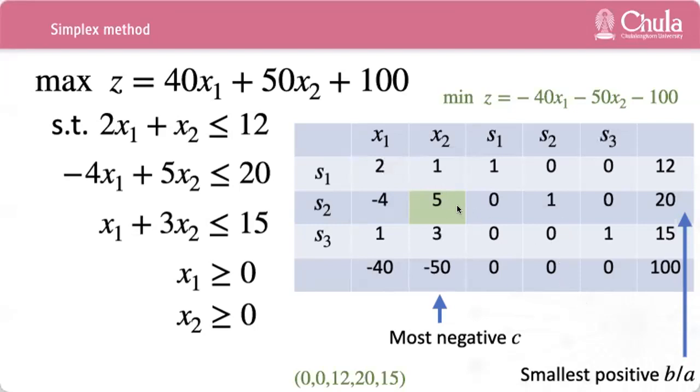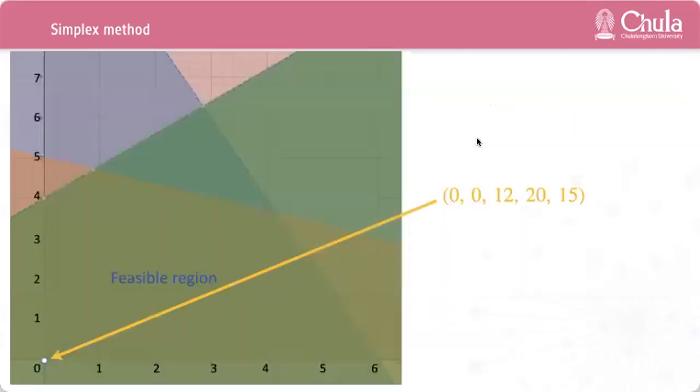So here we will introduce x2 to our basic variables, and then we remove s2. x2 goes into the set of basic variables, and s2 is removed from the set of basic variables.